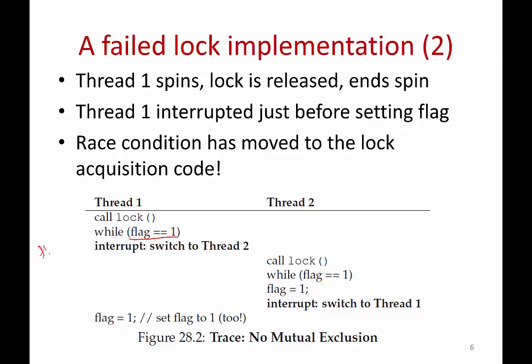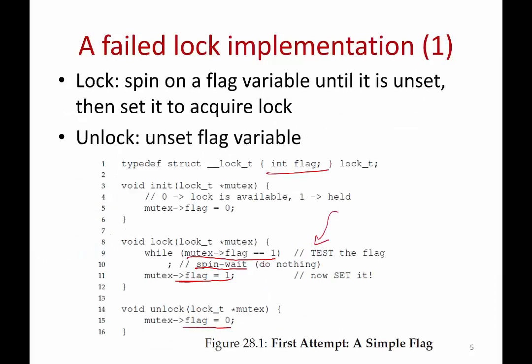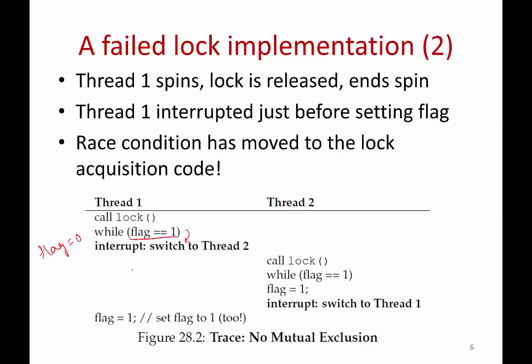At this point, you exit out of the while loop. You're just about to set the flag to 1 yourself, right? So at this point, an interrupt has happened. So this thread 1 has spun on the flag, realized the flag has been released, and it's about to set the flag when it has been interrupted.